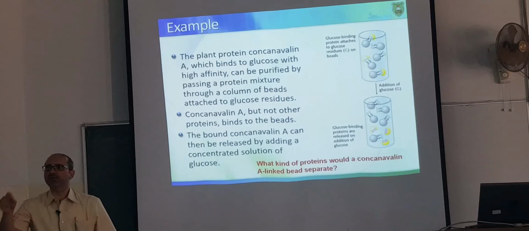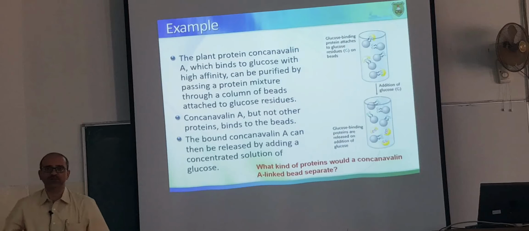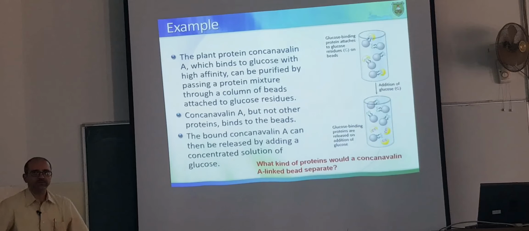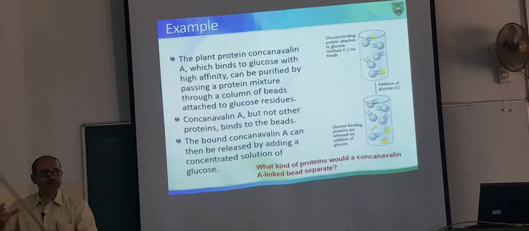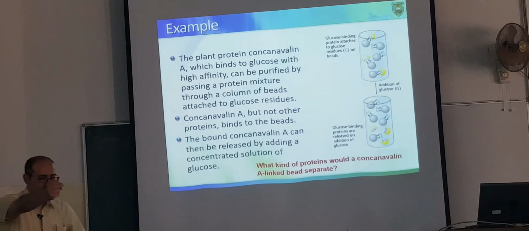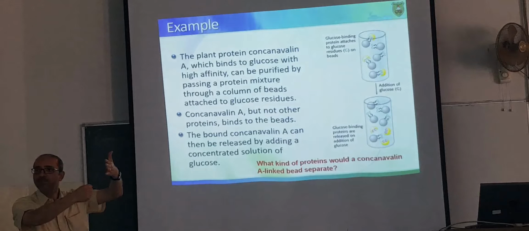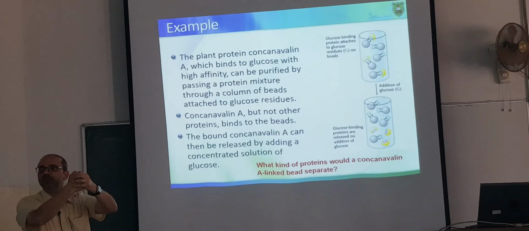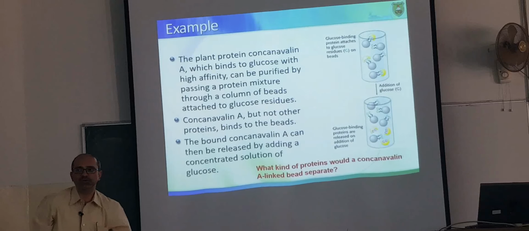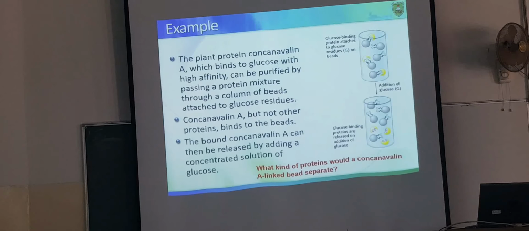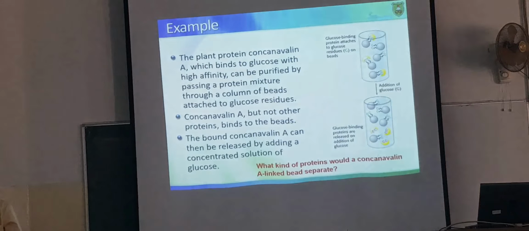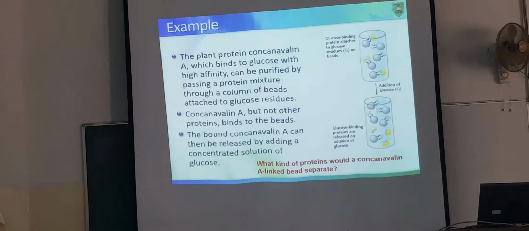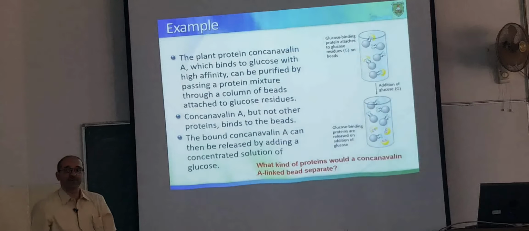What kind of proteins would I separate? لازم اعرف. عندي بيت عليها كون A ومشيت بروتينز. مين البروتينز اللي راح يربط مع الكون A واللي بعدين راح انزلهم واعمل لهم ايلوشن؟ glycoproteins. Be specific. Family protein name. All glycoproteins. بس اللي عليهم الجلوكوز. Get the idea?